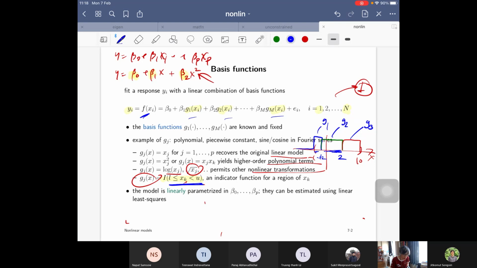So with all these examples, when you represent f as a combination of basis functions, the model is nice in the sense that it's linearly parameterized in beta_k. As long as the basis functions are given with a math expression, you can solve for beta_k using the linear least squares approach.